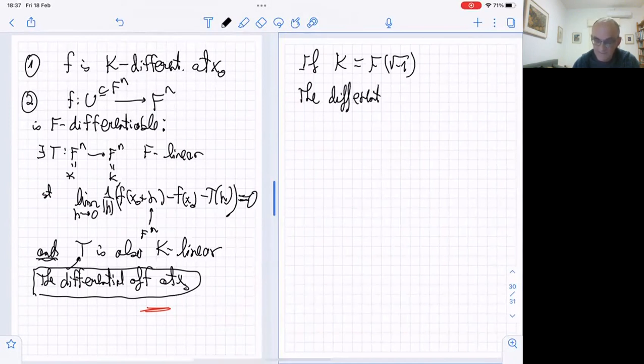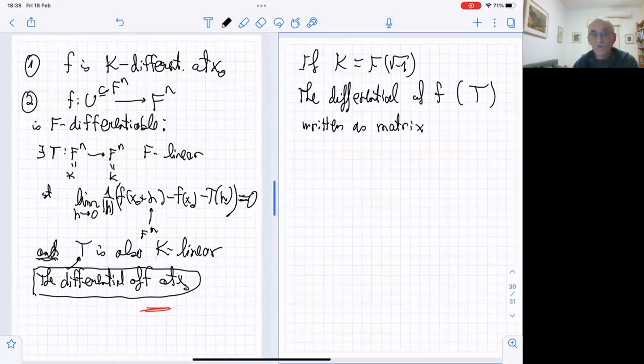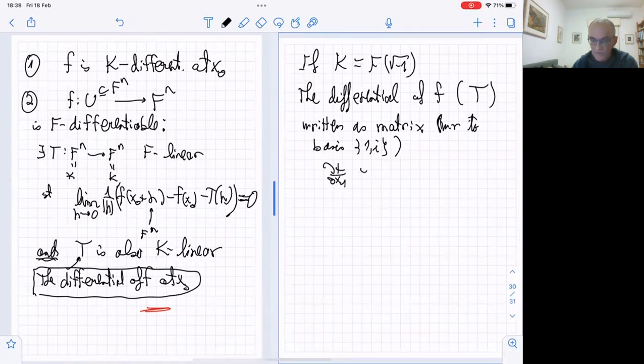written as a matrix of F, which is what we call T, written as the matrix with respect to the bases 1 and i, with respect to bases 1 and i, and this is the usual identification of such extensions with F squared, is just df1/dx1, df1/dx2, df2/dx1, df2/dx2.